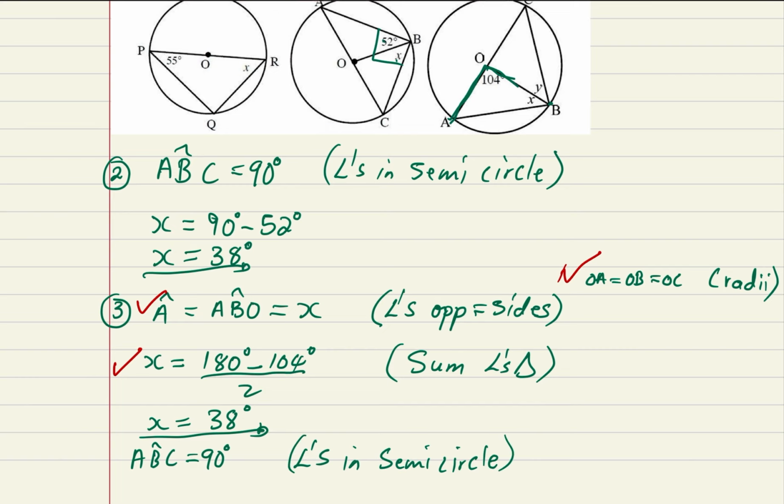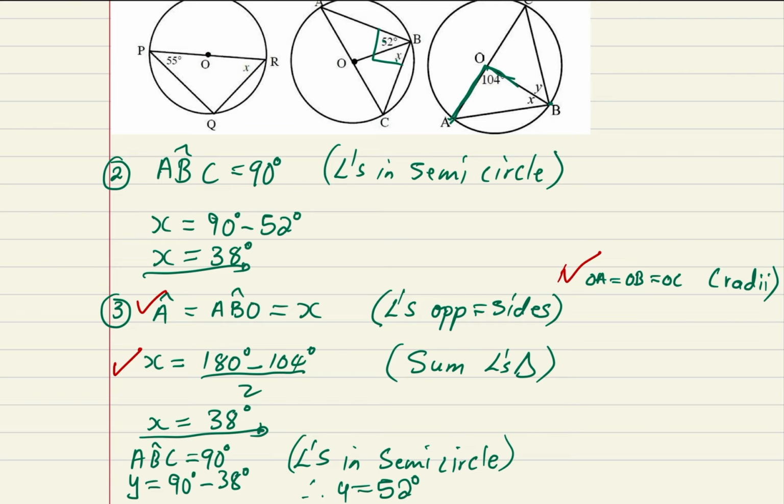Since it's an angle in a semicircle, I'm going to say 90 degrees subtract 38. So y is equal to 90 degrees minus 38 degrees. Hence, y is equal to 52 degrees. That is how you do it.